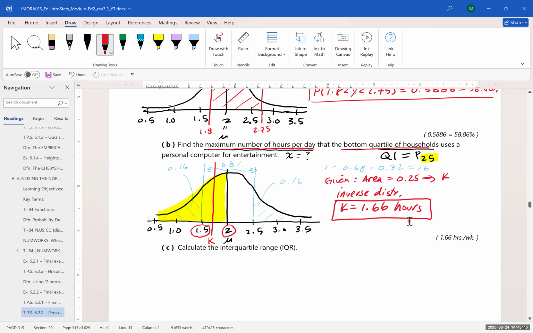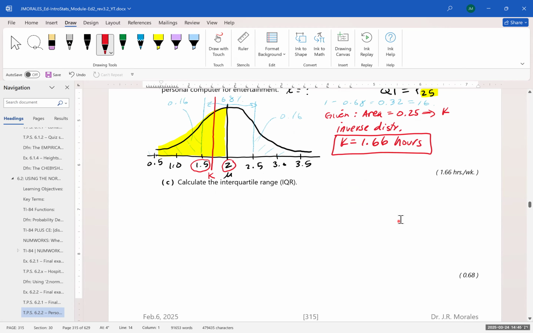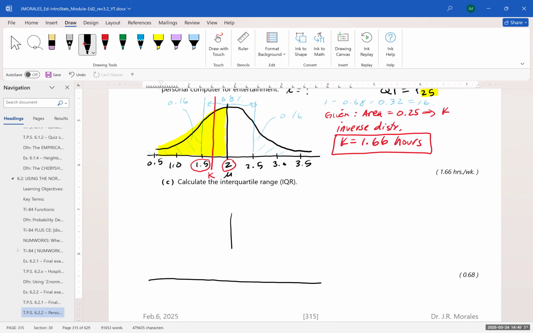All right, so let's go on to part C. Calculate the interquartile range. Well, let me put this normal distribution in.